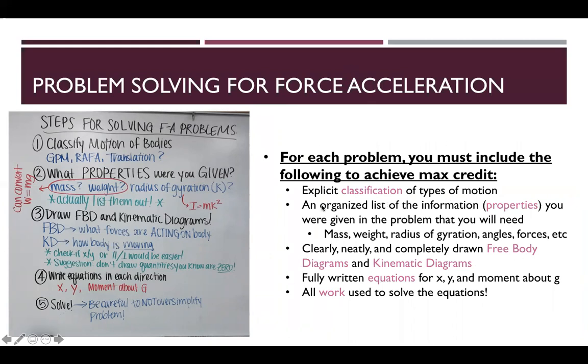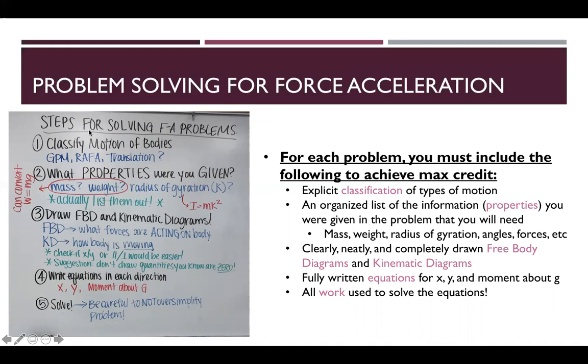The thing that I wanted to clarify is what's not optional to get the maximum number of points. Writing the types of motion on the diagram is not optional. You have to do that. Actually physically listing out the properties, you have to do that. Drawing a complete free body diagram and kinematic diagram, you have to do that.